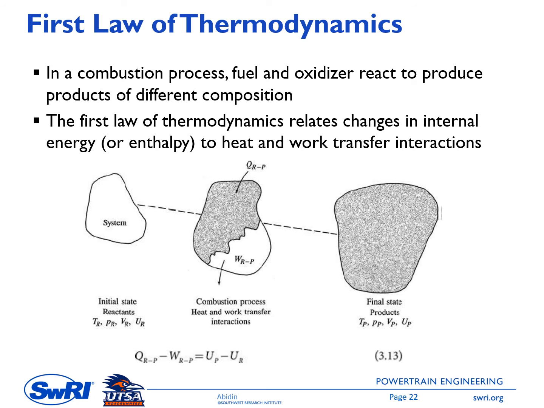Using the first law of thermodynamics, we can relate this internal energy change between the initial and final state to the heat transfer and the work produced or generated during the process. Equation 3.13: QRP minus WRP equals UP minus UR.